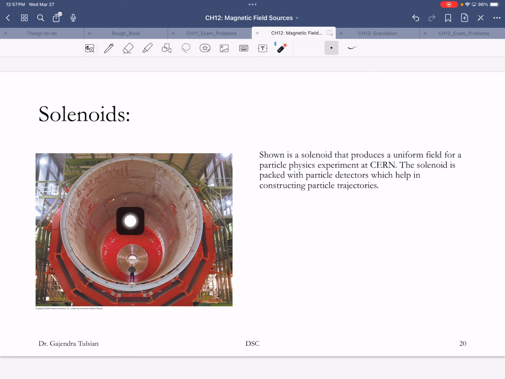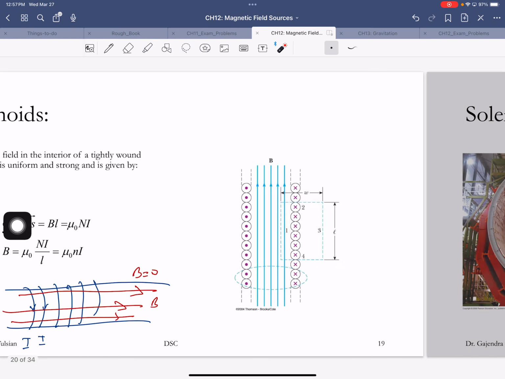This is a solenoid. There's wires around it that wind around the solenoid, and you pass a current through it. What does the solenoid do? It produces a uniform field inside the solenoid, just like that.